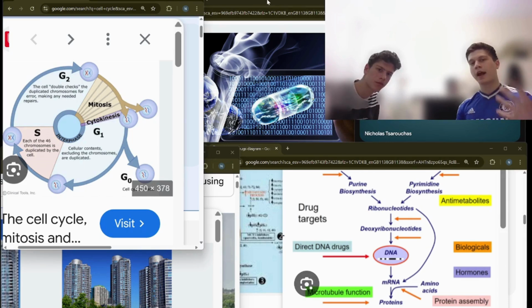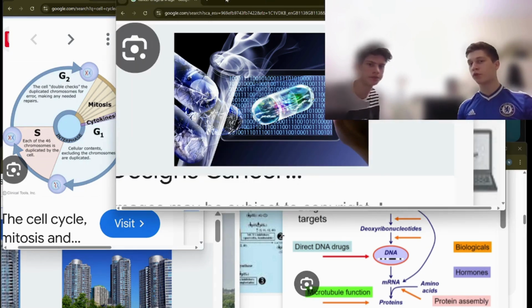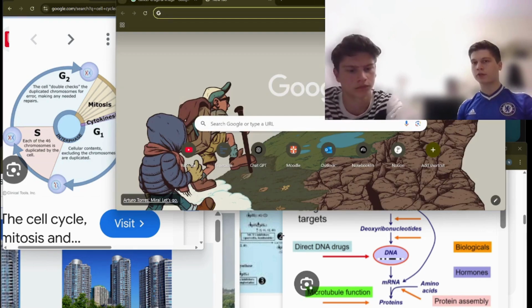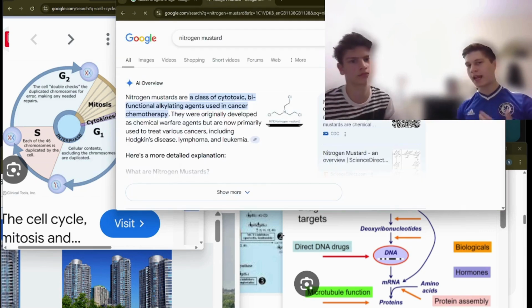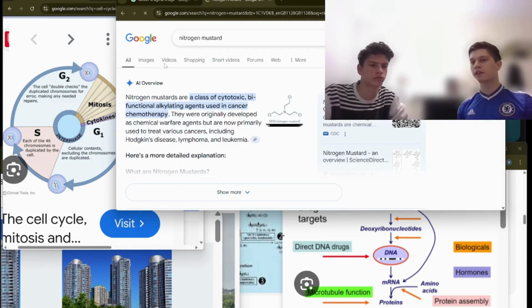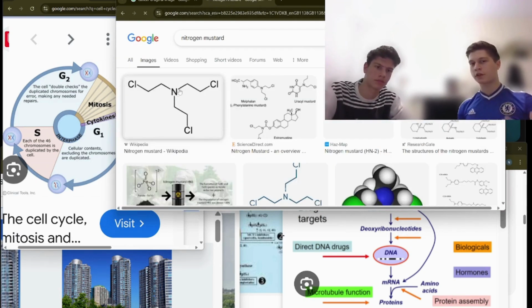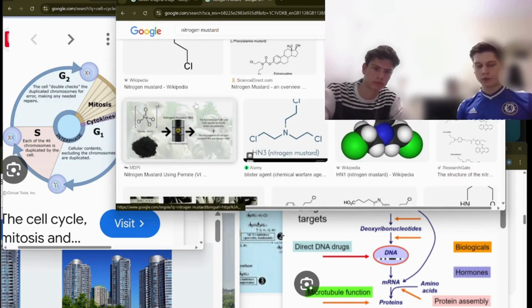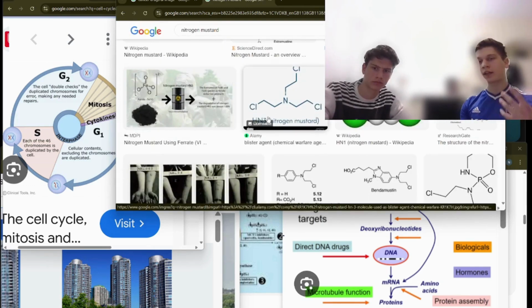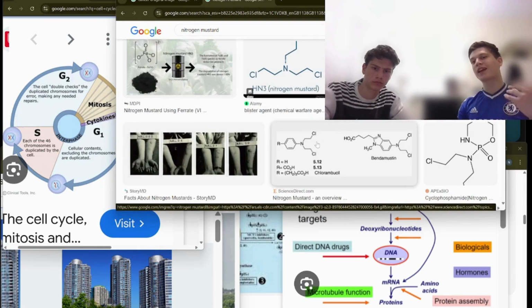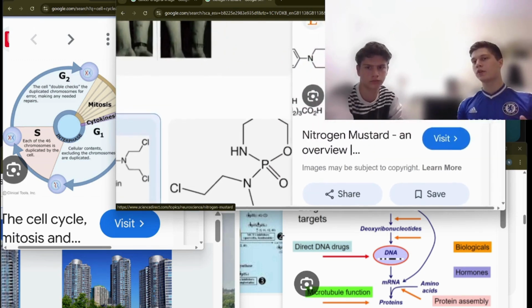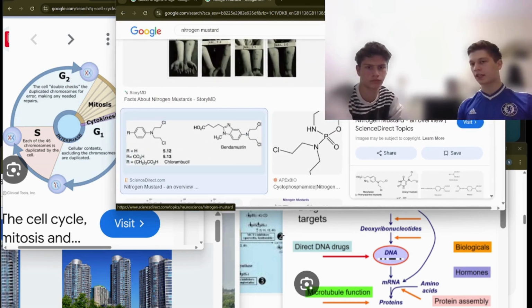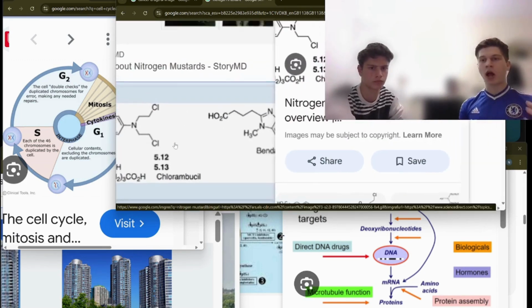You have these chloroethyl groups, two chloroethyl groups, which are very reactive electrophilic groups. The first thing that happens is the first chloroethyl group reacts, and you have a cyclization of the nitrogen mustard first, which forms your ammonium ion.